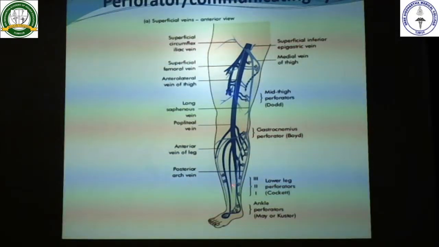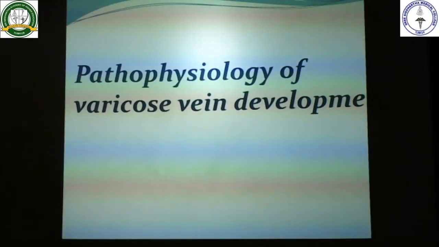At the lower part of the leg, these are called Cockett's perforators, and here the gastrocnemius perforator, and mid-thigh perforators. This in the thigh is called Dodd's perforators. So plenty of perforators are there. If any of the perforators becomes incompetent, then it causes varicose veins.